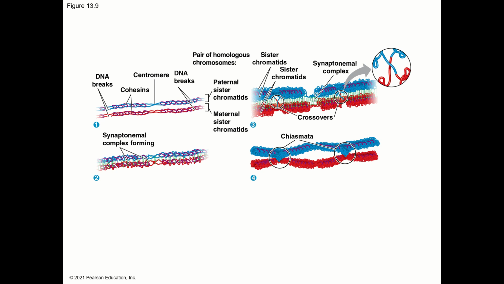In part 3, sister chromatids as shown. And then we have our synaptonemal complex. And then there is chiasmata, or a crossing over, where those non-sister sets of chromatids are bound tightly to each other.